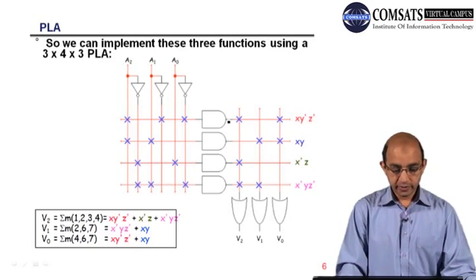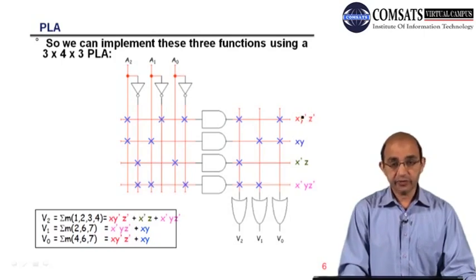For v2 we have x y bar z, and this is x bar z. For this AND gate we have all the 3 literals, so no inversion. For this second one we have inversion, so that's why we have bar here. For this last one we have again inversion.